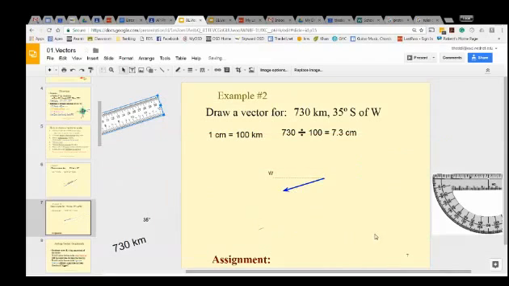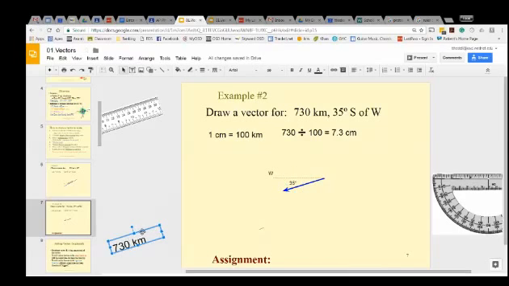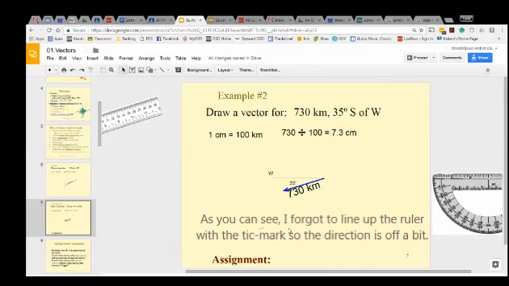Then I simply put the labels in there, 35 degrees. I'm going to go south of the west to be sure it's inside the angle. And then I put my 730 kilometer label on that. This is a little large, but you get the idea, right? Okay, so there you go. That's how you draw a vector to scale.